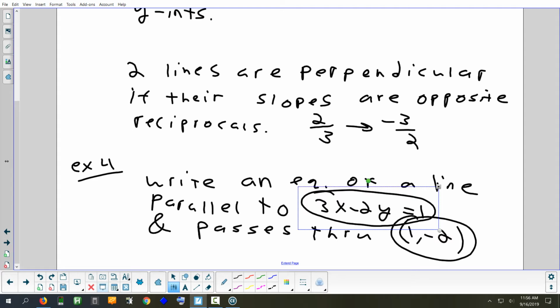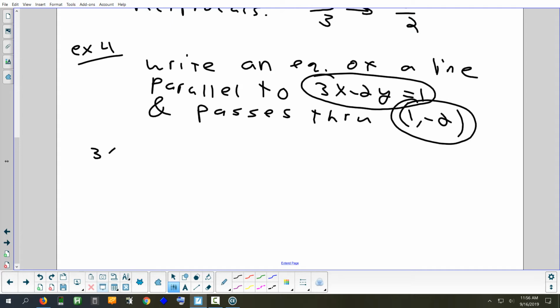You got to get the slope. So the first thing you want to do is what we've done a couple times. Get y by itself. 2 steps. What would be my first step to get y by itself? Yeah. Subtract 3x from both sides. And your last step. Divide by what?